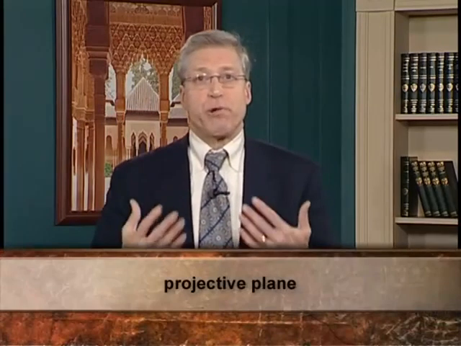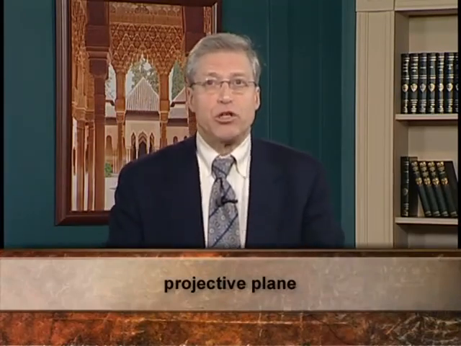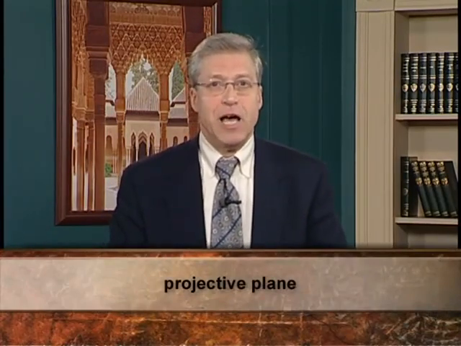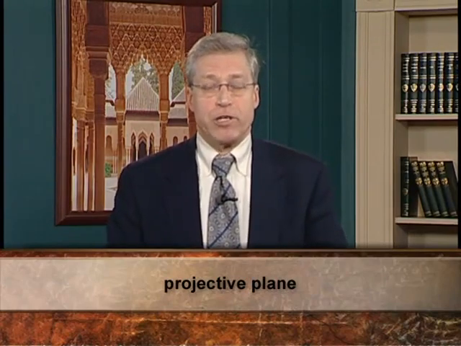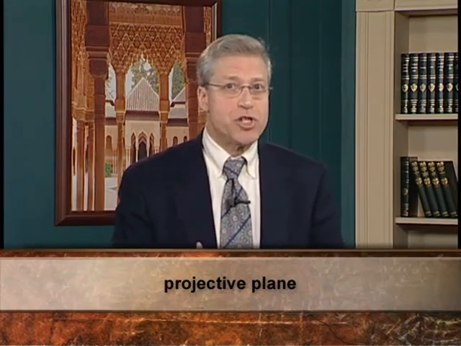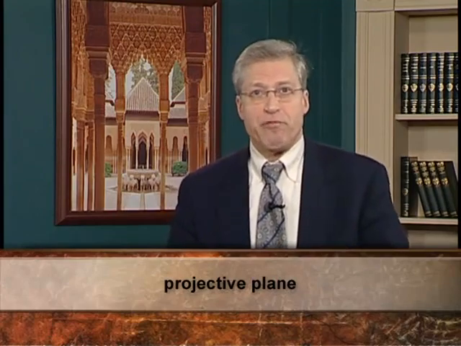But Poncelet decided that he wanted these parallel lines to meet, and so the natural place for them to meet is out at infinity. And so you get what is known as the projective plane, where you include this point at infinity as one of the possible points, so that every pair of lines gives you a point, every pair of points gives you a line.